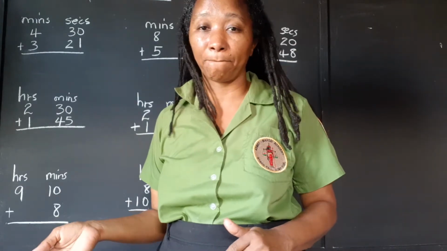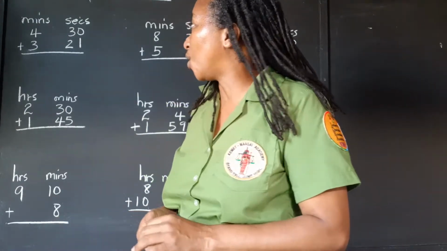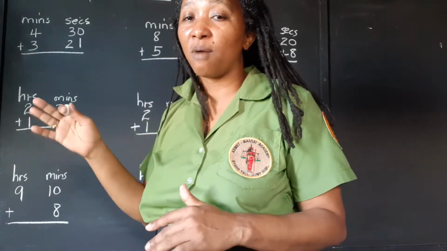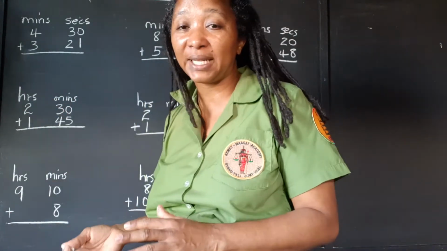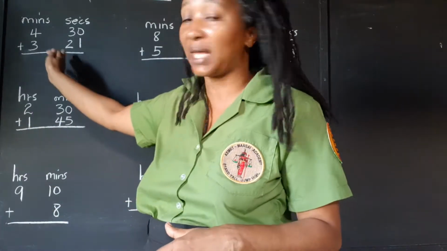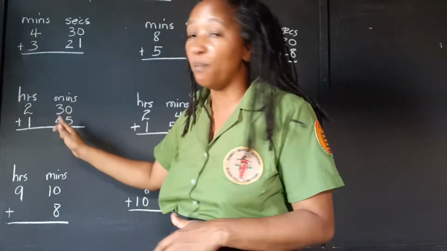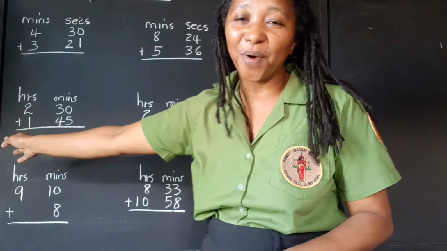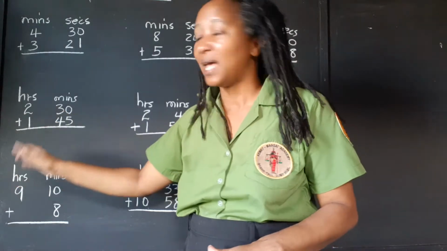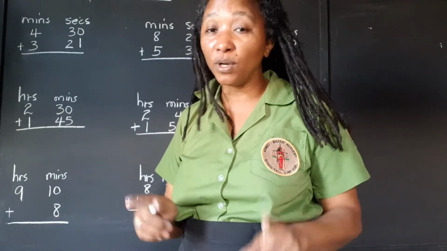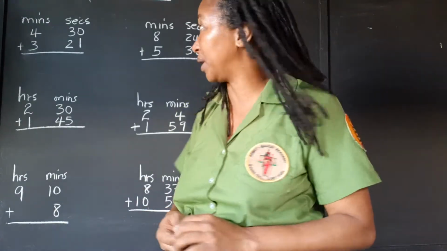So we're going to be adding, and if we get 60 or more, we're going to be subtracting that group of 60 to see how many actual minutes we can get from the seconds, or how many hours we can get from the minutes, and write back what's left. That's the most important thing you have to remember here.